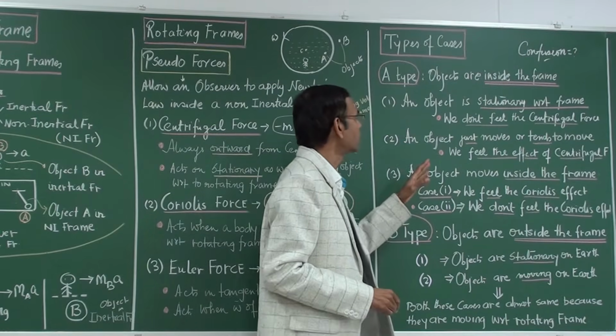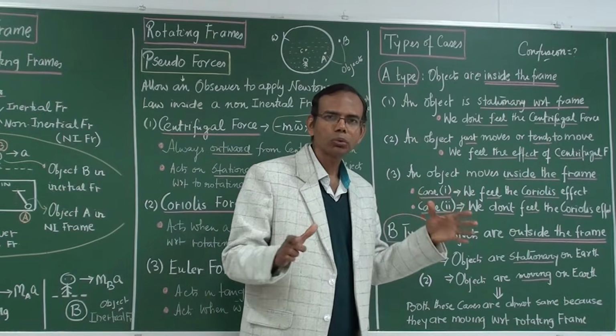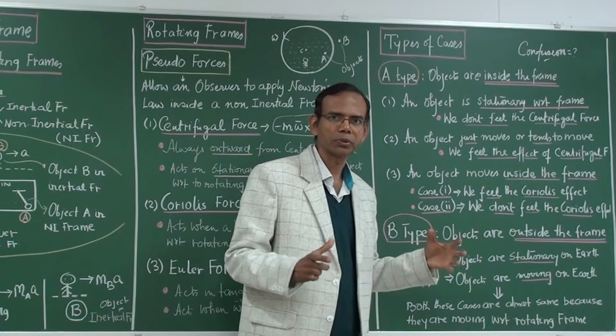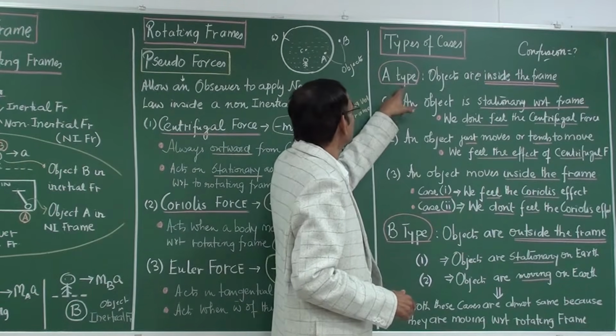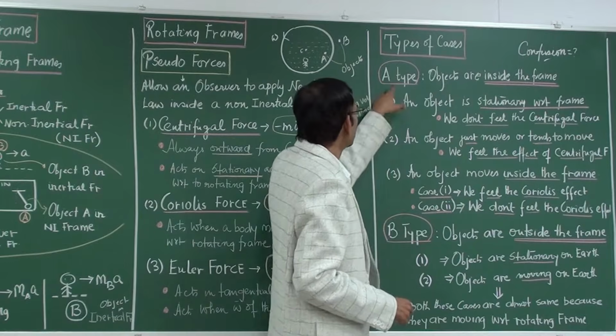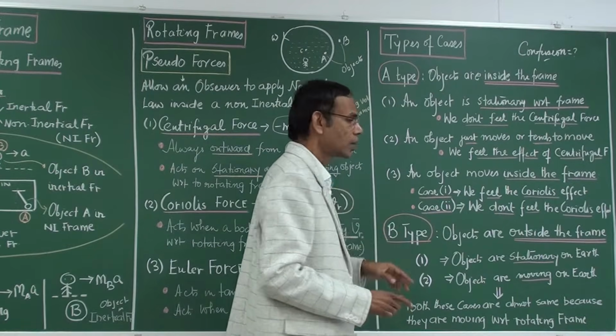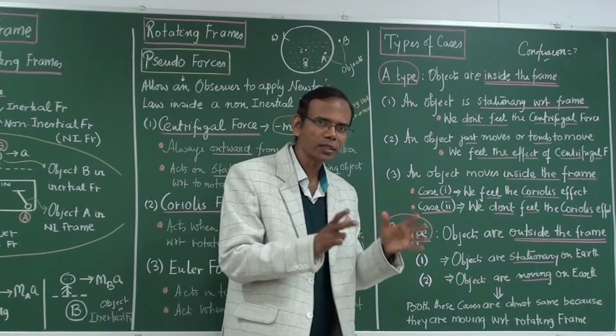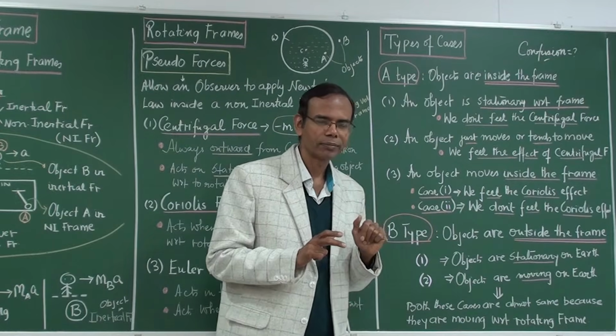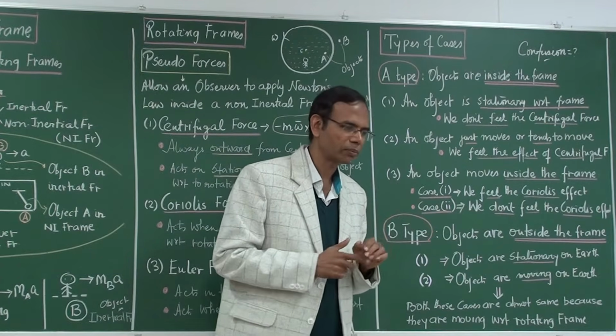So what I have done, I have grouped them into different groups, all the examples together. There are two major types, A type and B type. Now the observer is always in the rotating frame.